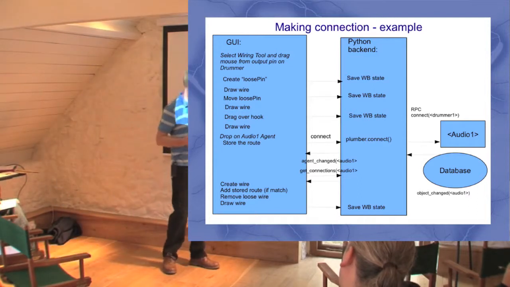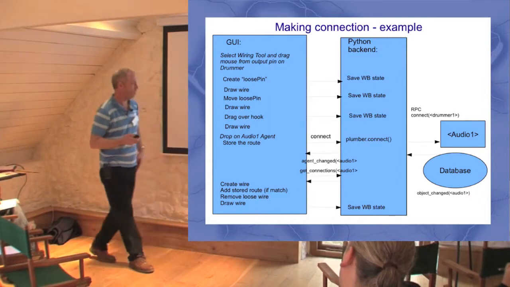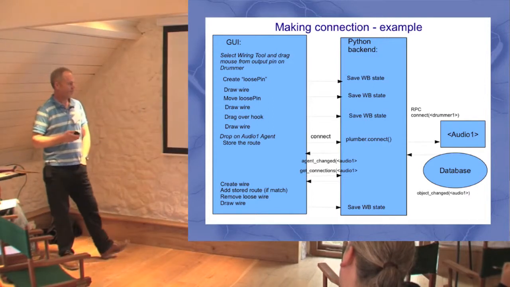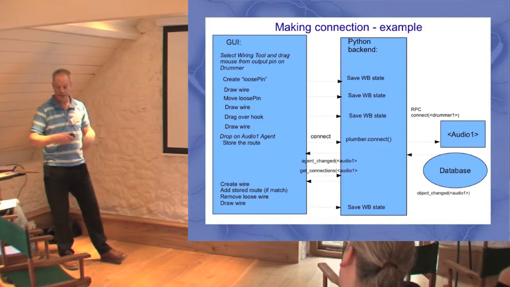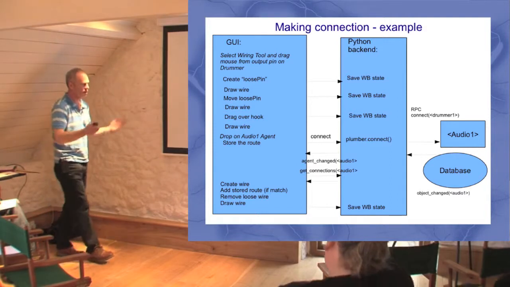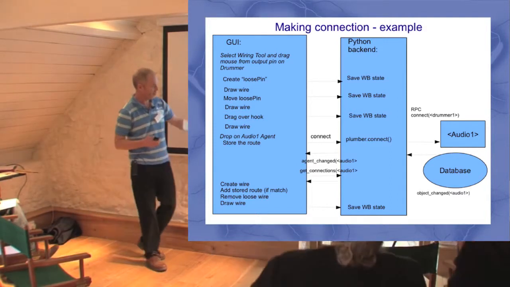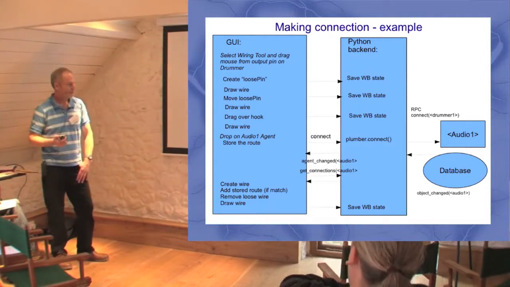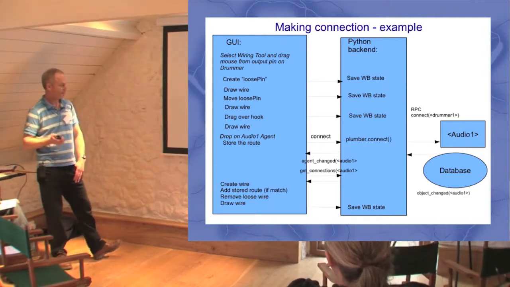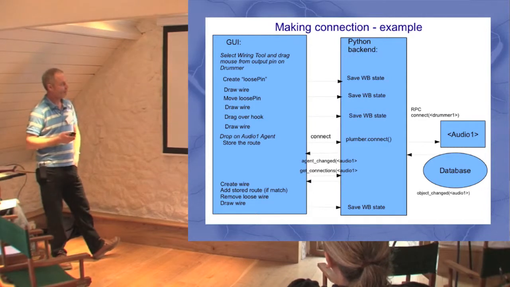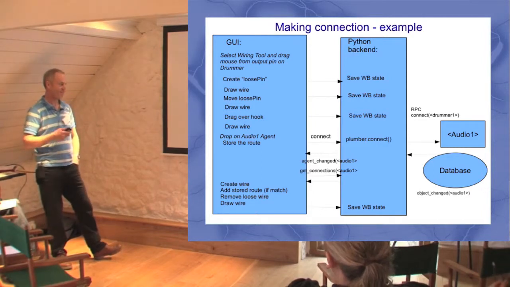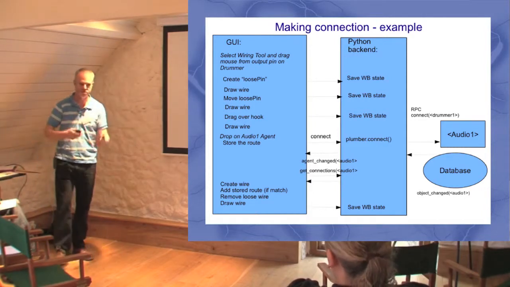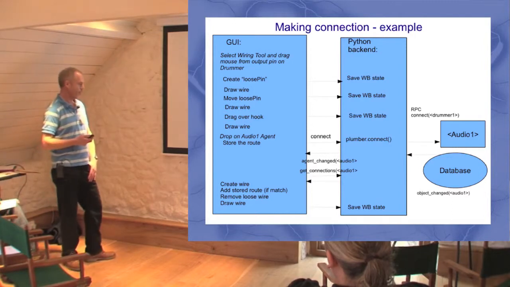This sends an RPC to the drummer. No, not the drummer, sorry, the audio, saying it connected to the drummer. And again, that connection happens outside my system, as it were, picked up by the database, and it's coming back from the back end, then agent change, get connections, a whole role of keeping track of everything.